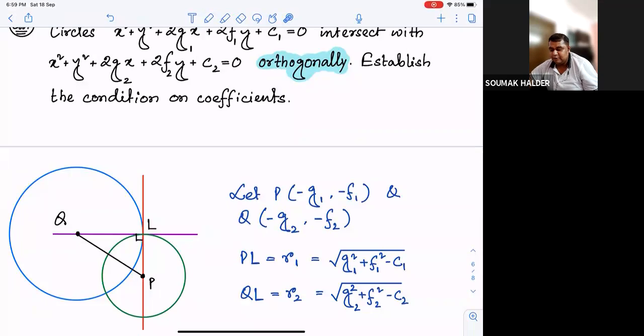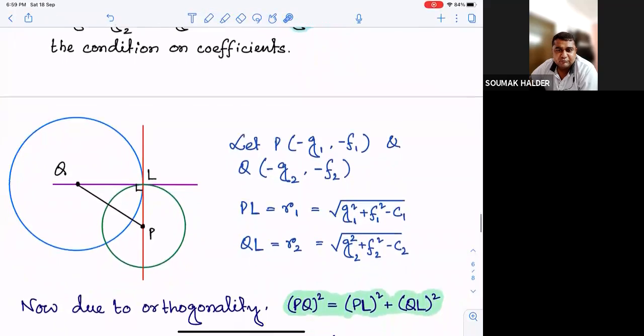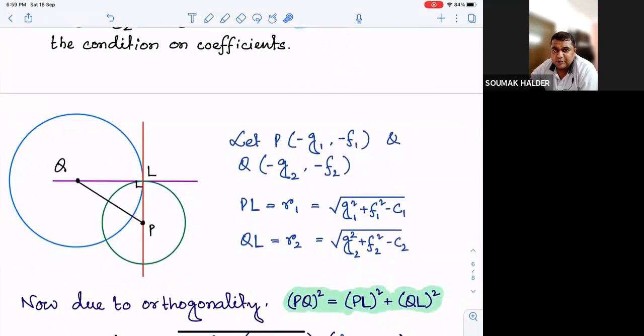Due to orthogonality, we are getting a right triangle here, so the side lengths must satisfy the Pythagoras theorem. So PL square plus QL square is PQ square. Is that okay, this part?